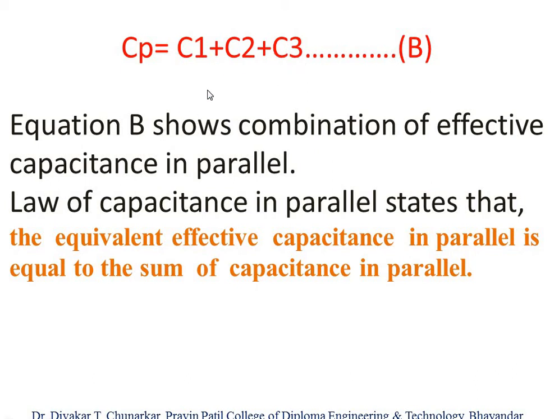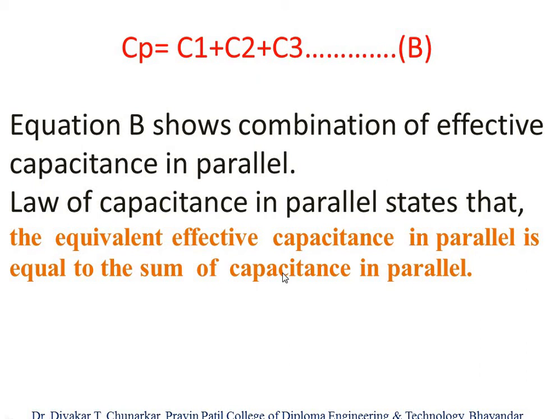So equation B shows the effective capacitance in parallel combination. This is the law of capacitance in parallel: the equivalent effective capacitance in parallel is equal to the sum of the capacitances in parallel. Sum means addition.